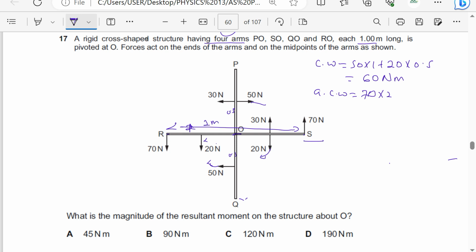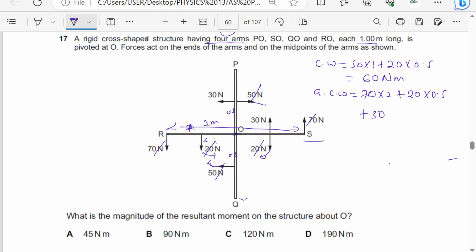So that is 70 times 2 meters, plus I have 20, this 20 here is causing anticlockwise, so that will be 20 times perpendicular distance, which is 0.5. This one is out, this is out, then plus 30.